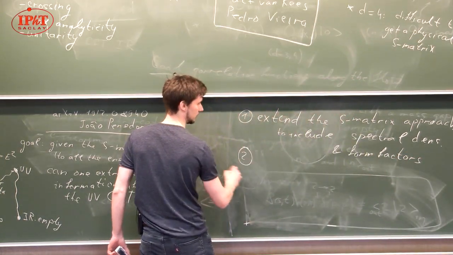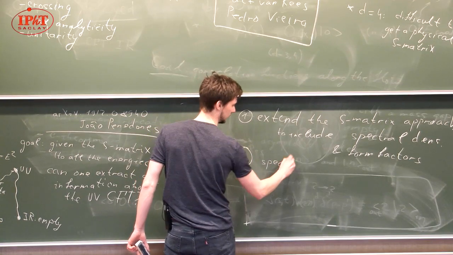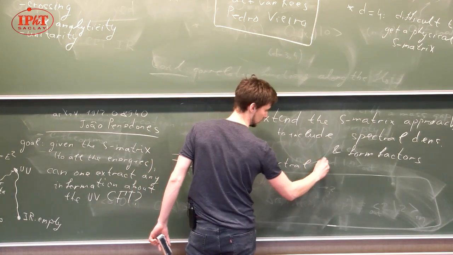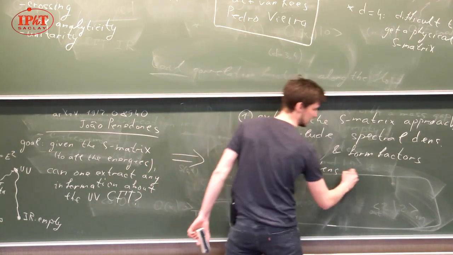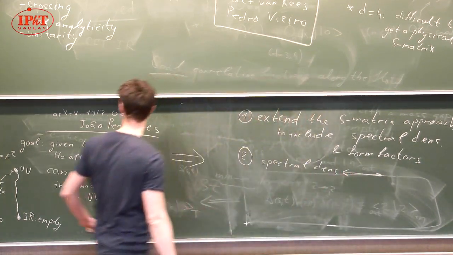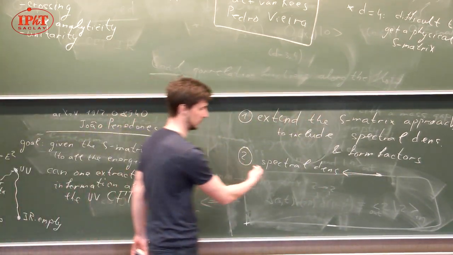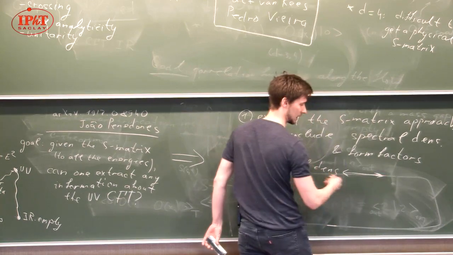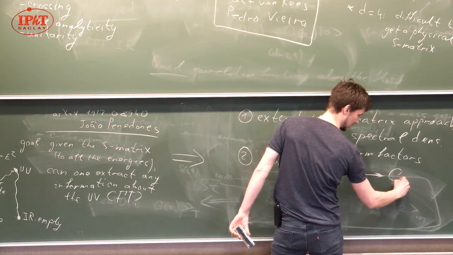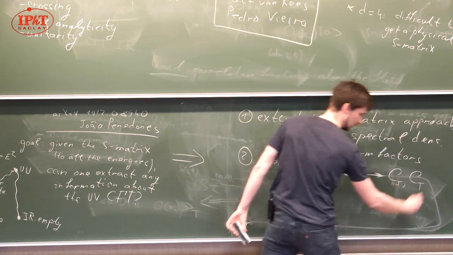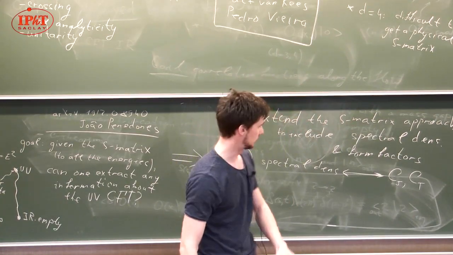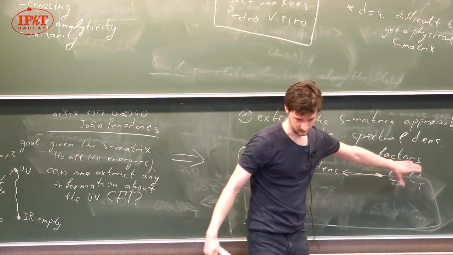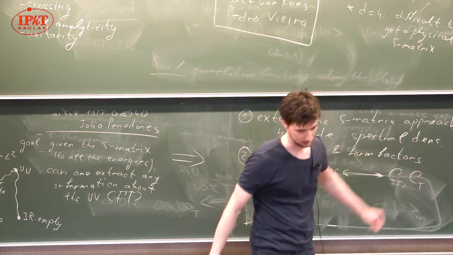Then I will argue that the spectral density is easily connected to the UV fixed point. What you can actually read from this spectral density are the central charges Cj and Ct. In 2 dimensions, they're normally called not Ct, but small c.